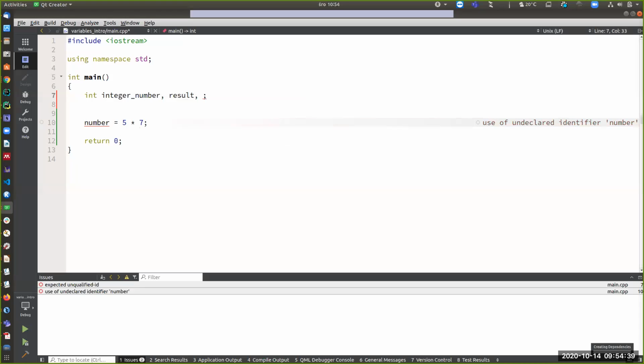So I can define the result, and so on. What else? I can initialize the variable, whose initial value I know, in the same line.